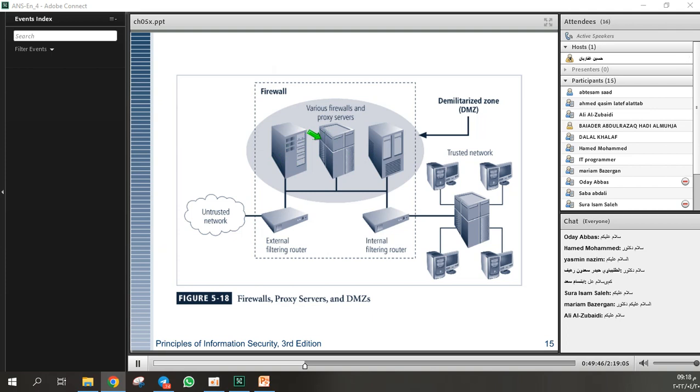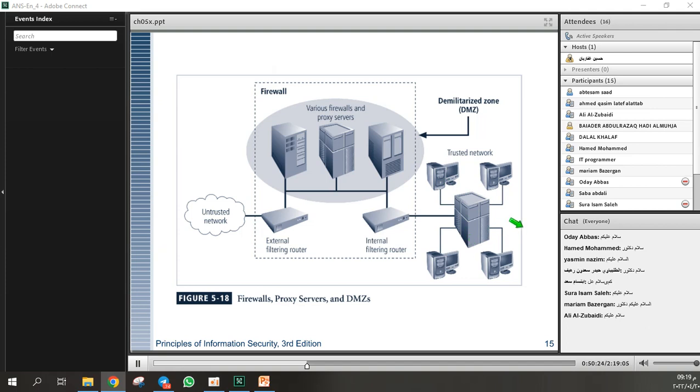And if it's necessary, those systems are protected by these firewalls, and only these systems can access the servers in the MZ area.